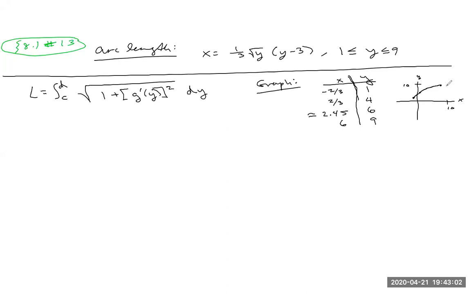That is so ugly. Didn't come out quite the way I'd hoped. Let's see, 6 would be about here, and 9's here. So we're gonna get a curve sort of like this. Okay, so this is x equals g of y.